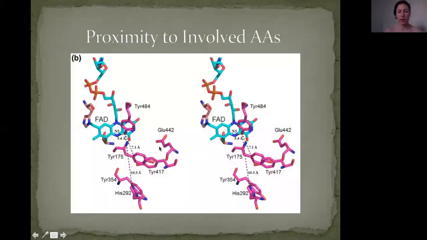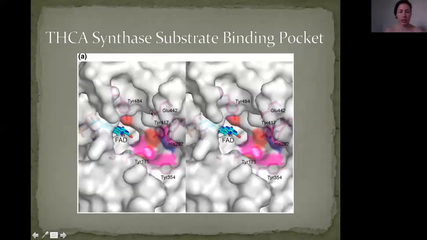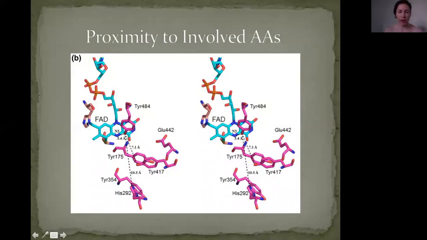Okay, and by the way, just to explain this view, this is a top-down view of the binding pocket as if someone were to slice open the THCA synthase enzyme so that you could see inside, in case you're wondering. All right, so now if you take away that substrate binding pocket and you just look at the proximity of these amino acids to the FAD moiety, you see that the tyrosine 484 is 3.4 angstroms away.